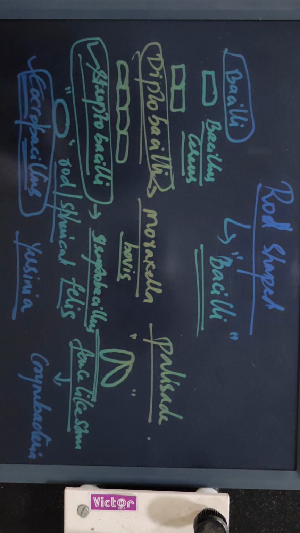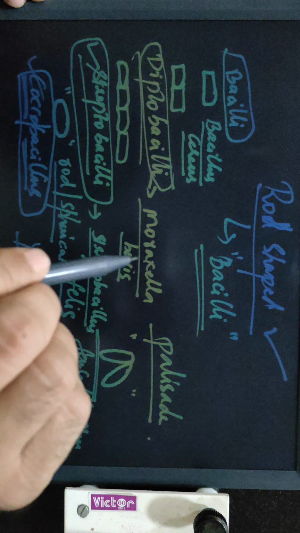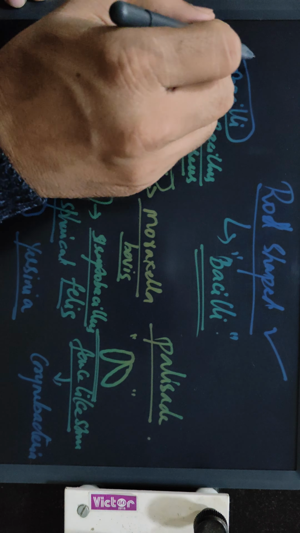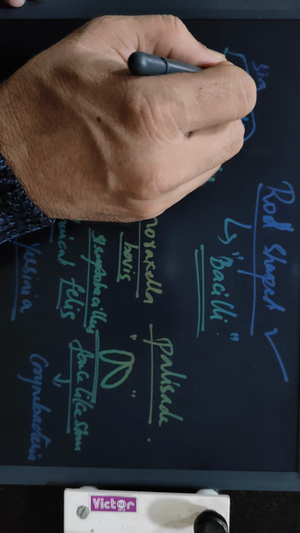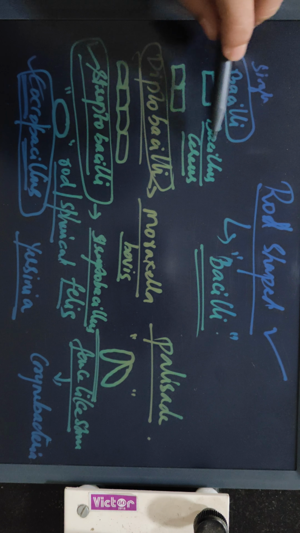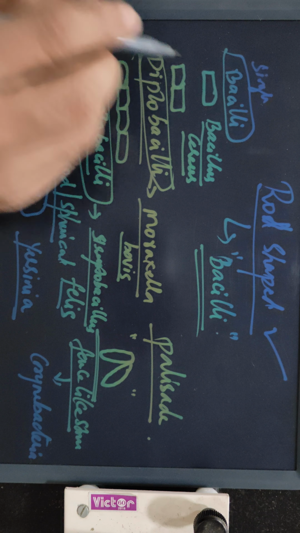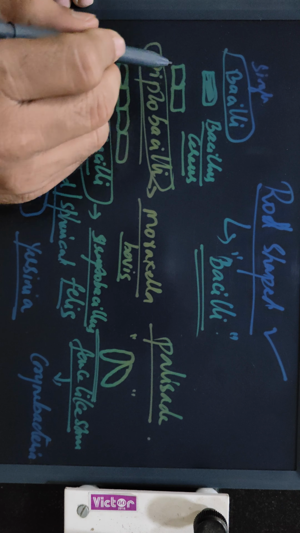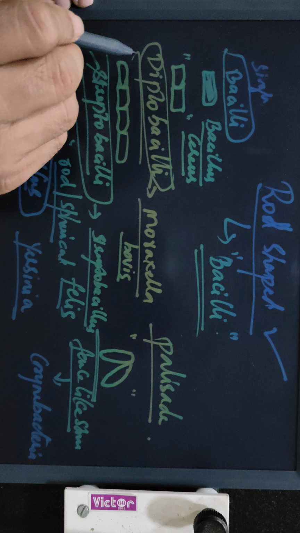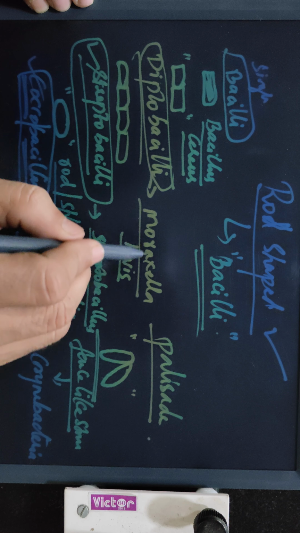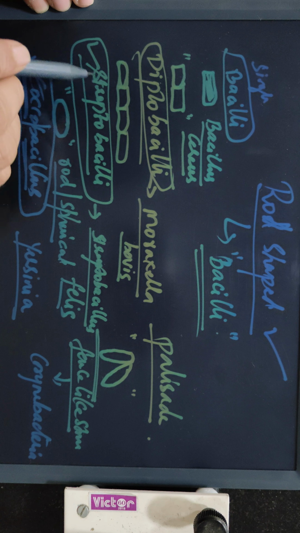So let us rewind once again. The rod-shaped bacteria are called bacilli in microbiology. There are different types. If it is single, then it is called bacilli. Example, Bacillus cereus. You can see the single cell here. If it is in pair, then it is called diplobacilli. Example is Moraxella bovis.